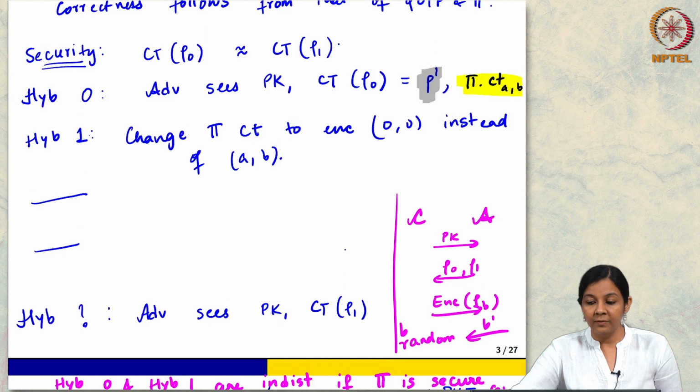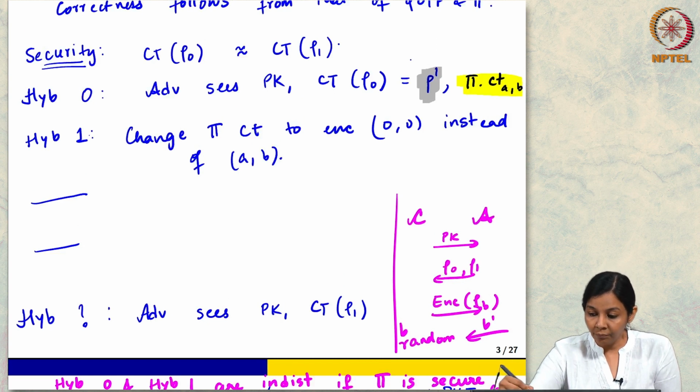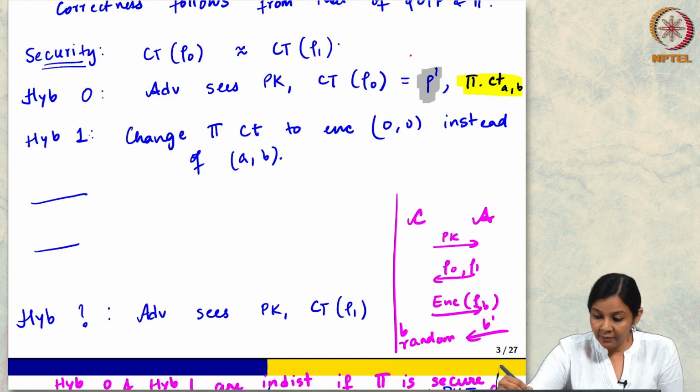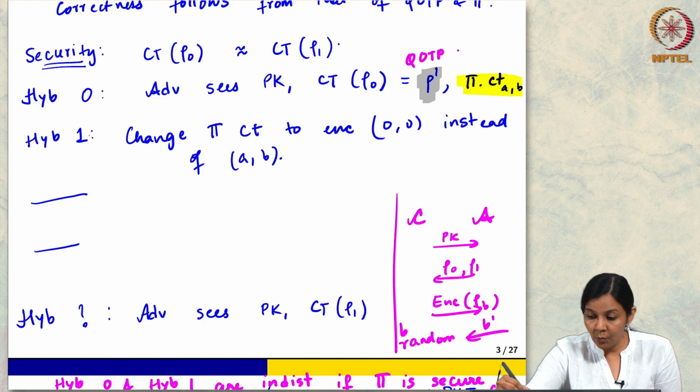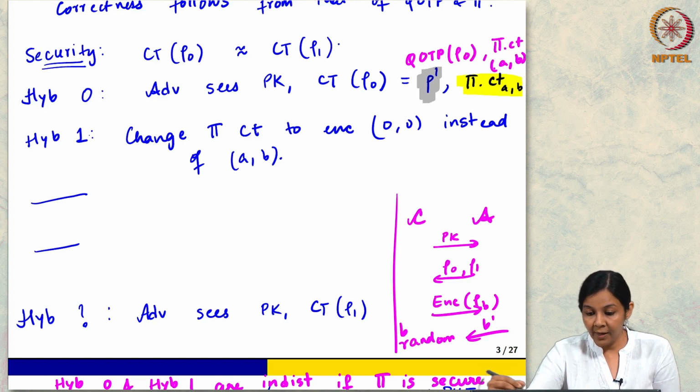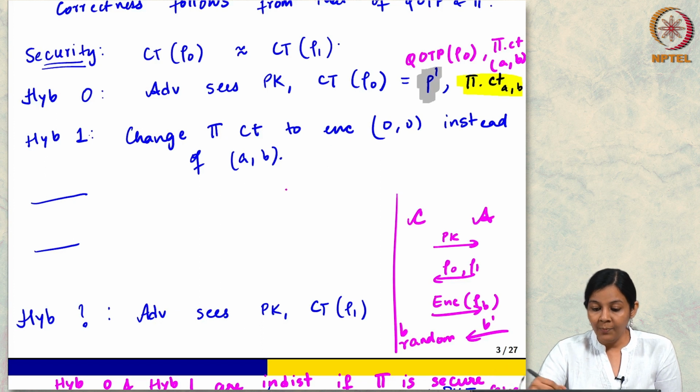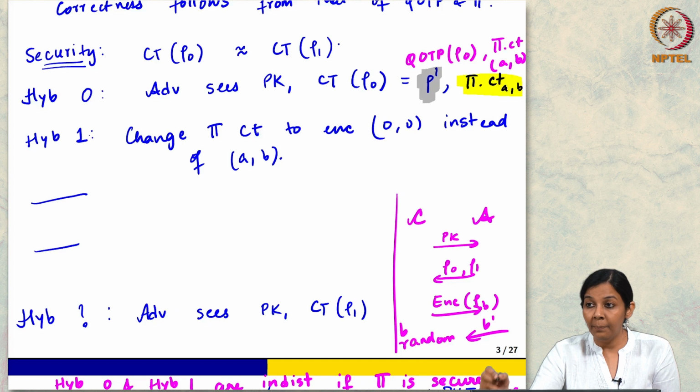Hybrid 0, let us be very explicit. What is rho prime? It is QOTP of rho 0, and pi.Ct of A comma B. This is our ciphertext in hybrid 0. In hybrid 1, I am claiming that I simply change what is sitting inside the ciphertext of pi.